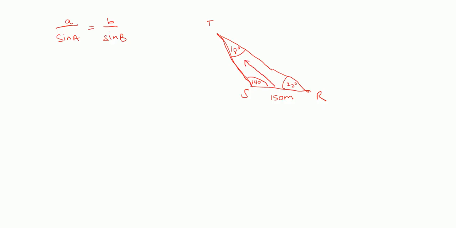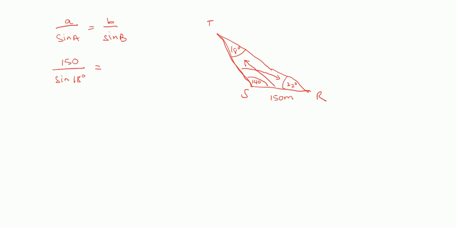So we say 150 over sine 18 degrees is equal to, we want to find ST, so we should use this length and this angle. It's always the angle and the opposite side.